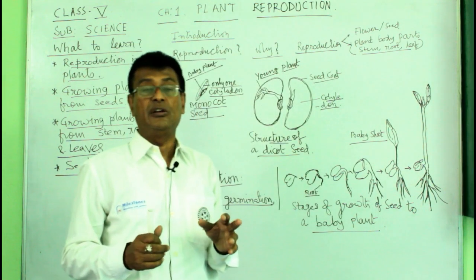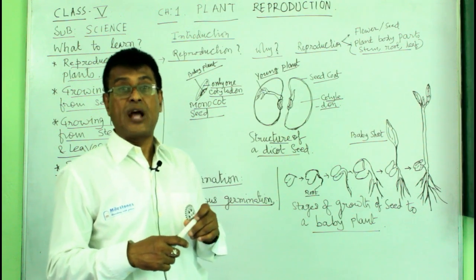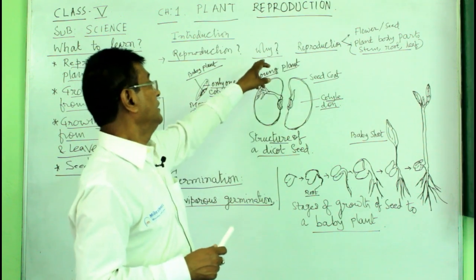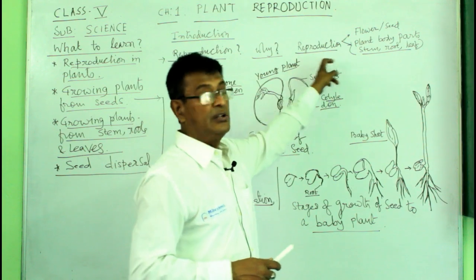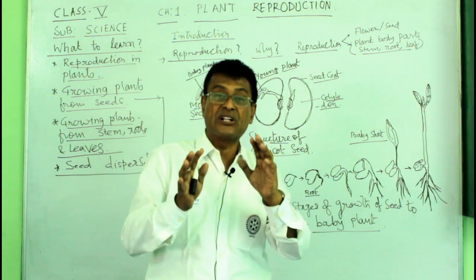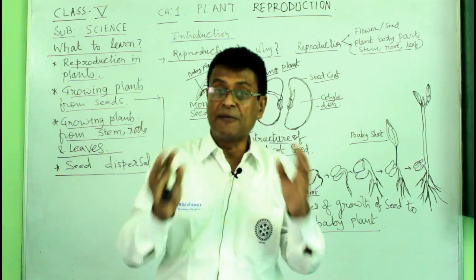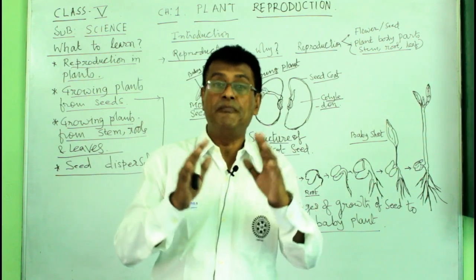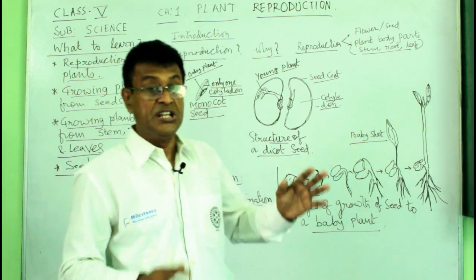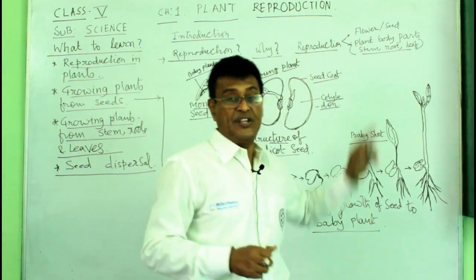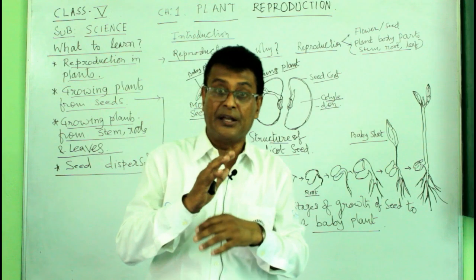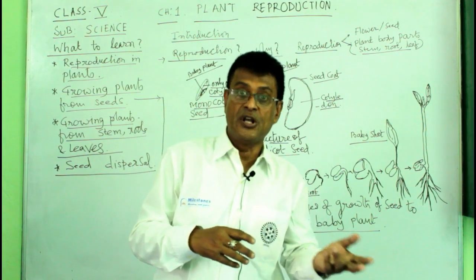Reproduction in plants is usually of two types. Number one, sexual reproduction: the plants that have flowers are known as flowering plants or flower bearing plants. These flower bearing plants produce fruits and then the seeds.